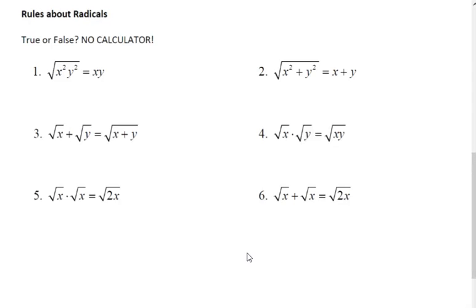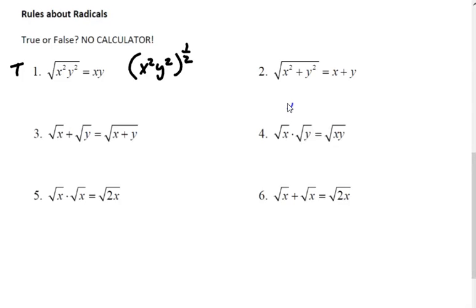The first one is true, and the reason it's true is because I could rewrite the square root of x squared y squared as x squared y squared to the 1/2 power. And then I know that because x squared is multiplied times y squared, the 1/2 distributes over multiplication.